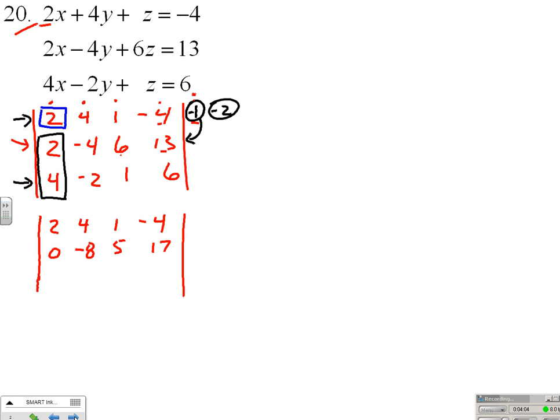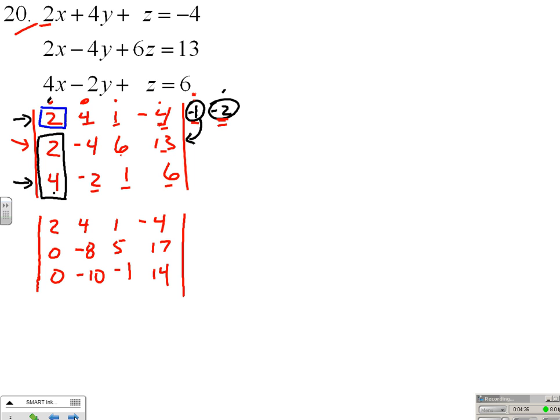So then, touch. 2 times -2, -4, plus 4, 0. 4, I guess I can underline it, times -2, -8, and -2, -10. 1 times -2, -2 and 1, -1. And -4 times -2, 8, plus 6, 14. Okay, so there's our first step.